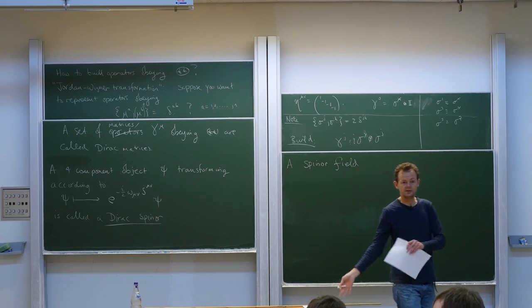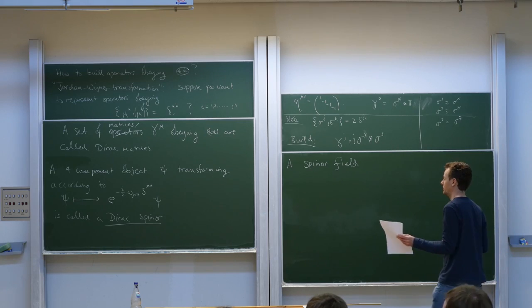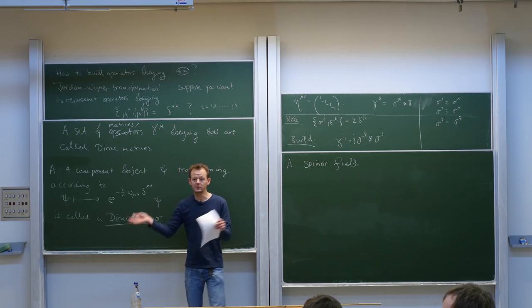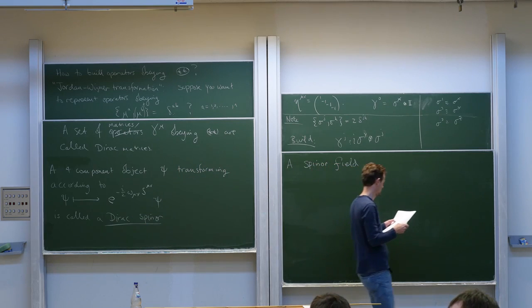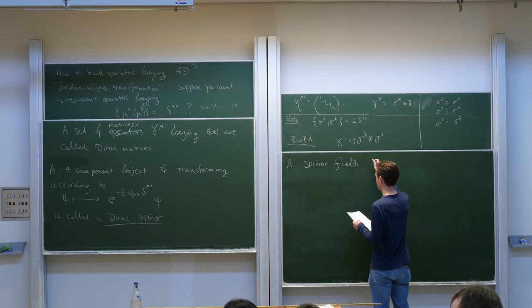Now we're going to immediately jump to fields, to classical fields of spinors. We start off with this transformation law here, and now we're going to build a field corresponding to these objects.